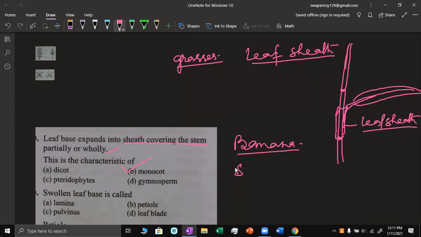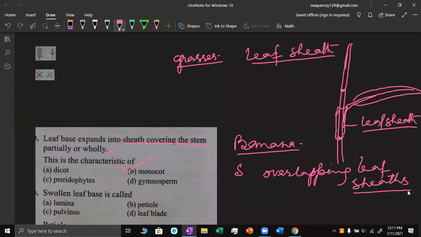Those columns of the banana plant are due to overlapping leaf sheaths, the leaf bases or leaf sheaths are overlapping one another.